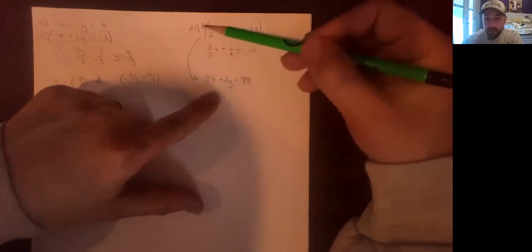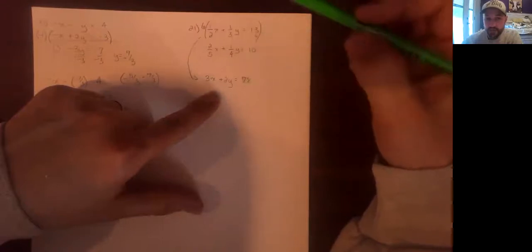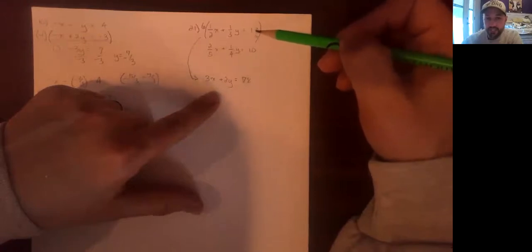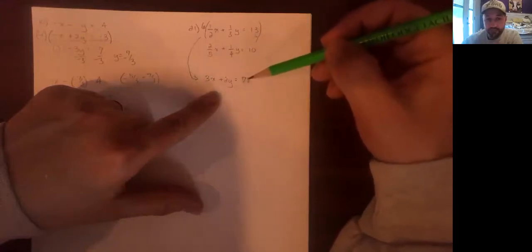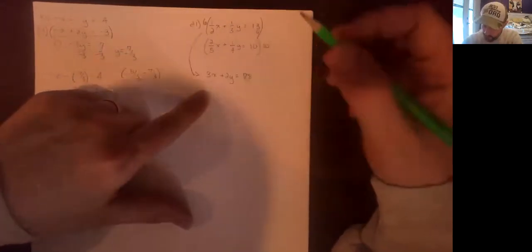When we do, 2 goes into 6 3 times, so I have 3x. 3 goes into 6 2 times, we have 2y. Our denominator was 1, so we literally multiply 13 by 6, and we have 78. It's a big number, I know, but what it does is eliminate fractions if you don't like fractions. We'll do the same thing down here, and we have to multiply through by 20, sadly.